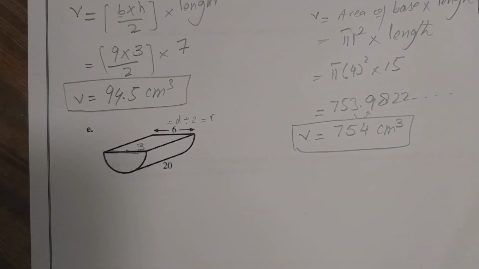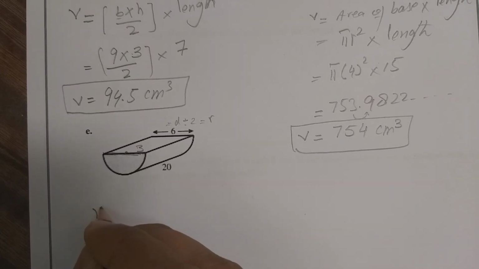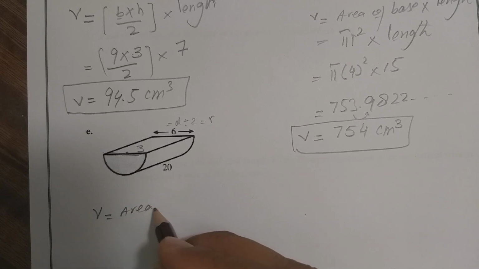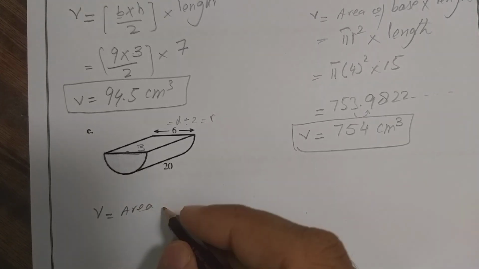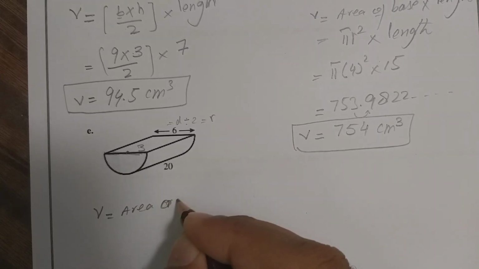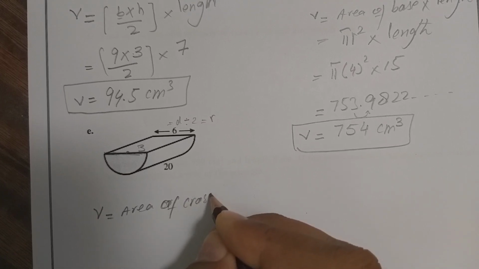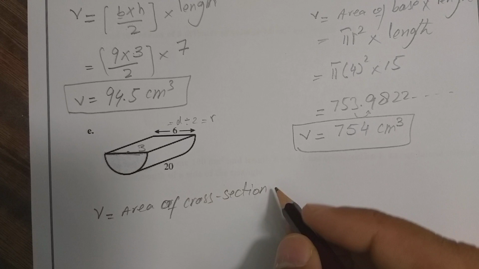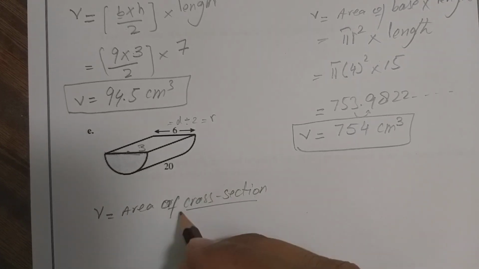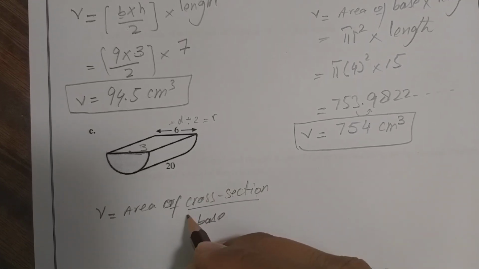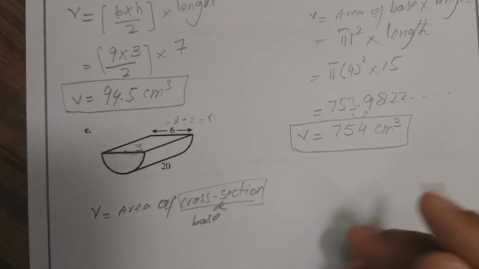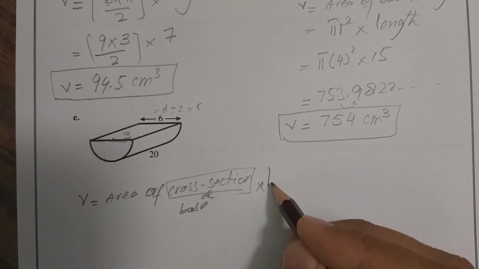So what does the formula become now? Volume V equals the area of cross section, or you can say area of base, times the length.